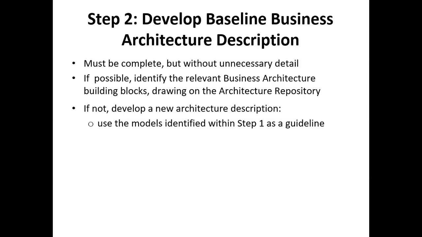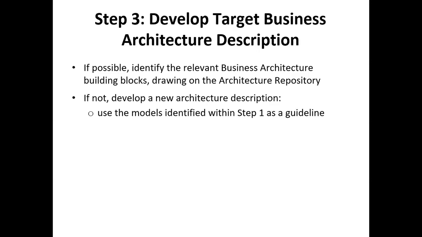Next, step number 3: develop the target business architecture description. What is the final target you're planning to make in business architecture? That's what we are looking into here. Please remember, in the architecture vision we already told the client this is what we are planning to make in the architecture, correct? Yes or no?